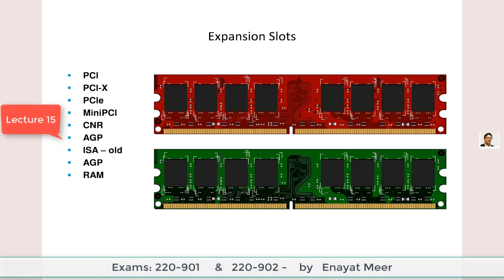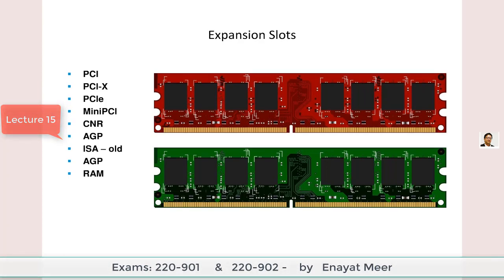We had AGP, Accelerated Graphics Port. Then we had an old ISA slot in black color. Initially it was 8 bits, then came in 1984 16 bits. ISA stands for Industry Standard Architecture. AGP, it is a repeat, and RAM is Random Access Memory. So we will go into details in a different video.